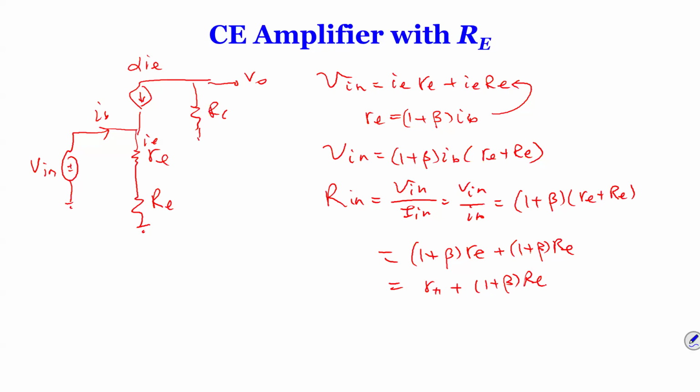So we get the input resistance. In fact, in this case, we got input resistance, instead of R pi, that is actually amplified by this much.